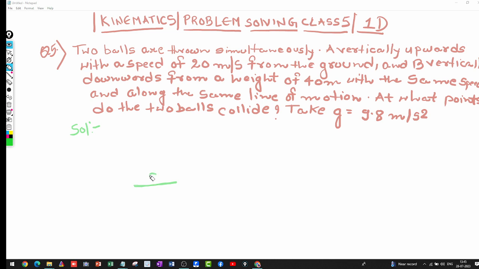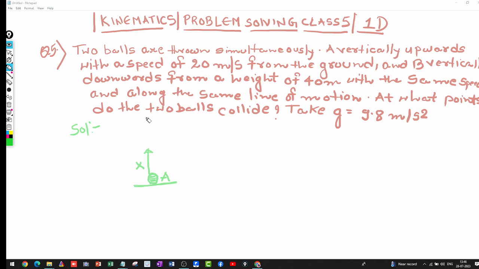And here is the ball, and this is A, which is thrown up. Suppose the two balls meet at a height of x, right? This is ball A, which is thrown upward.